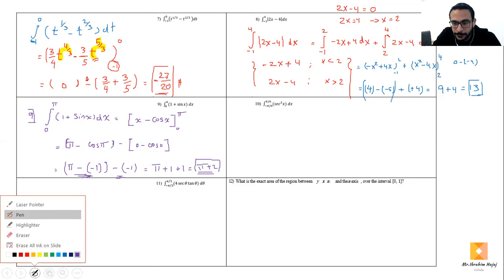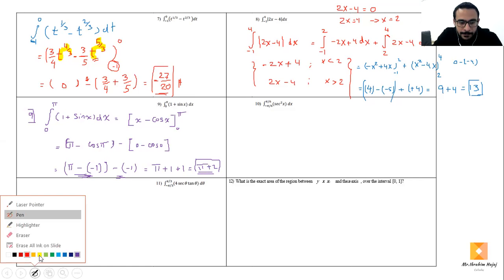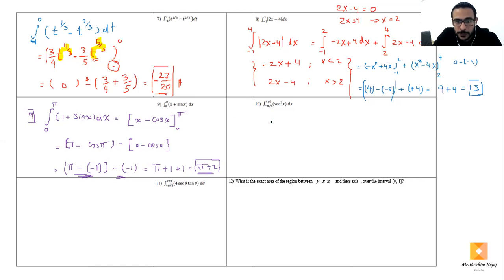Okay, Omar Essam, still here. Then Ziad. In this question, we have the integral from negative pi over 6 to pi over 6 of secant squared x dx.